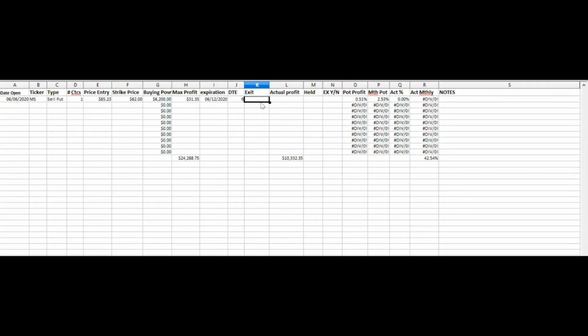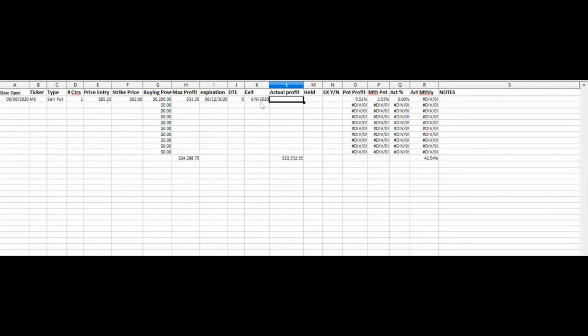Now, let's say I exit it. Let's say Morgan Stanley goes up in price on Monday or Tuesday, and I exit because I can buy it back for 10 cents and reallocate the money to something else, because it's already given me most of my profit. So let's say I exit it on 06/9.